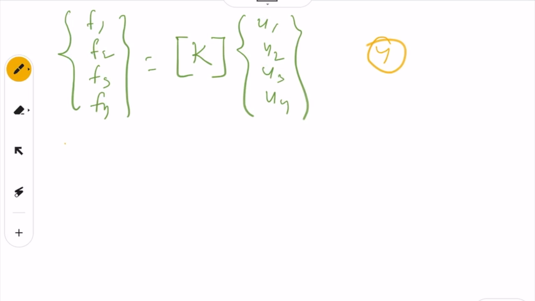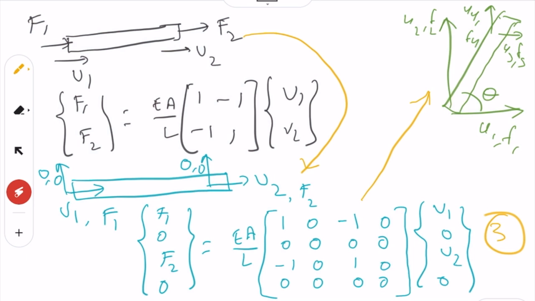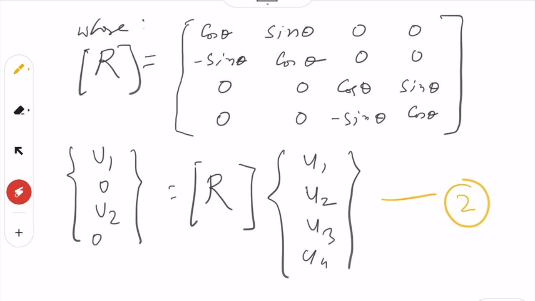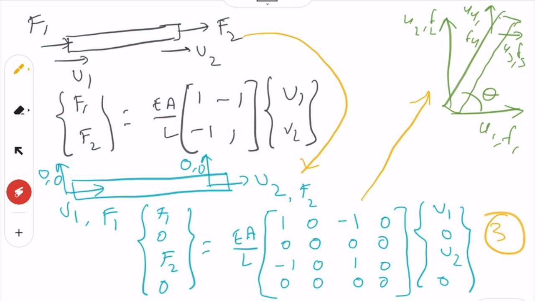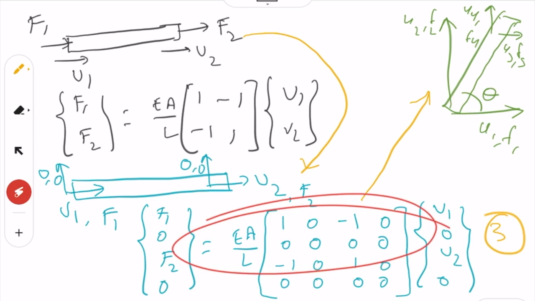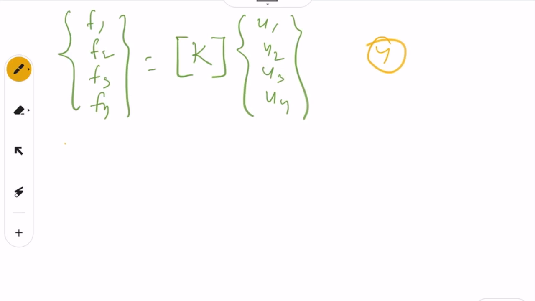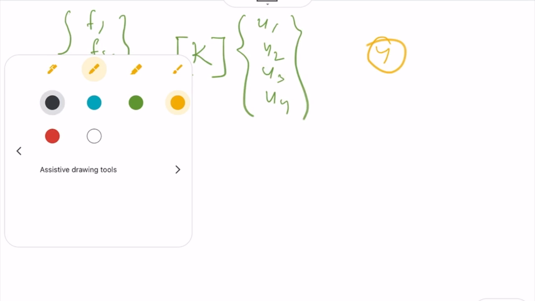We have to find out this value, right? In fact, we will start from this equation, the old equation. So let's start with number 3.